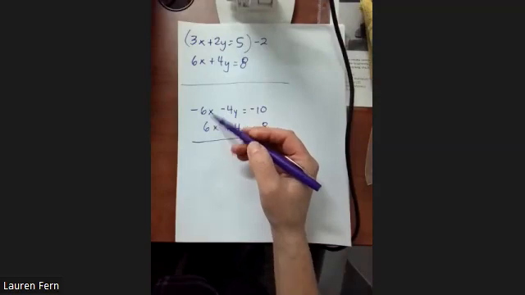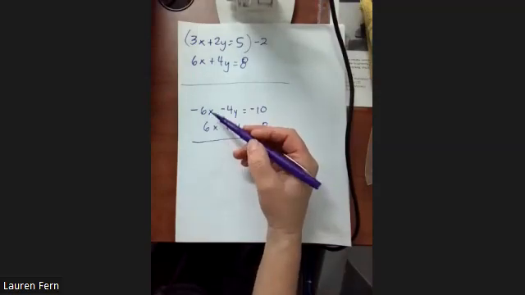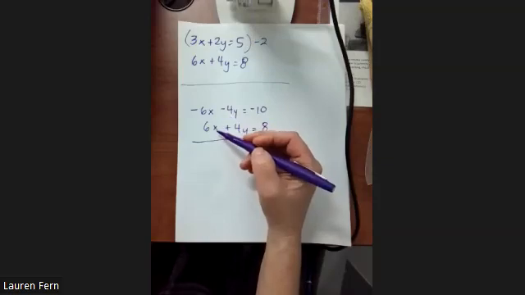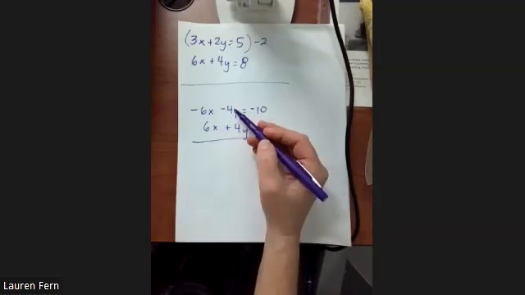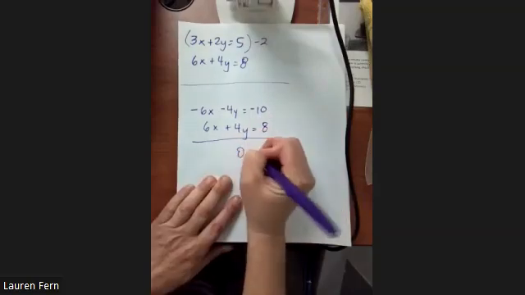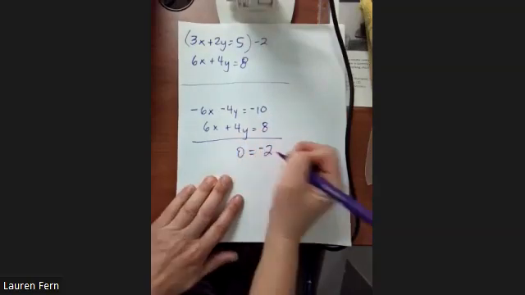What happens when I add on my left side? Well, what's -6x and +6x? Whoa, we didn't even mean to cancel that. -4y and +4y is also 0. So I get 0 is equal to -2.